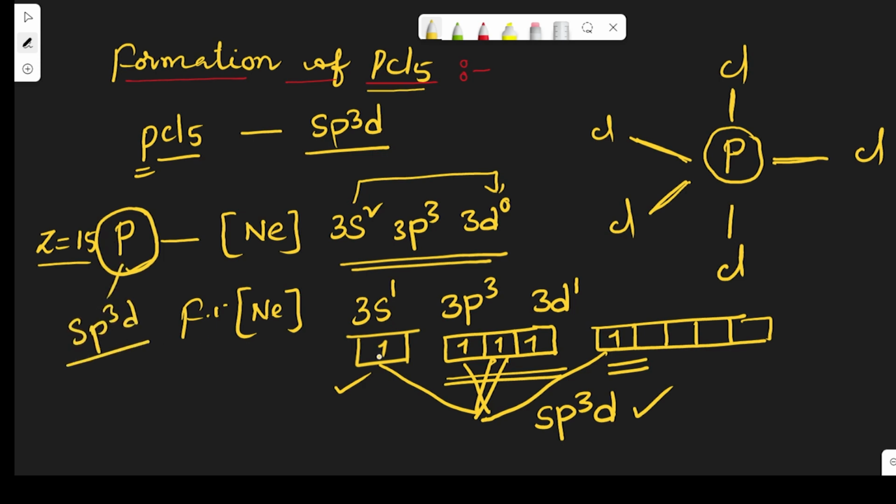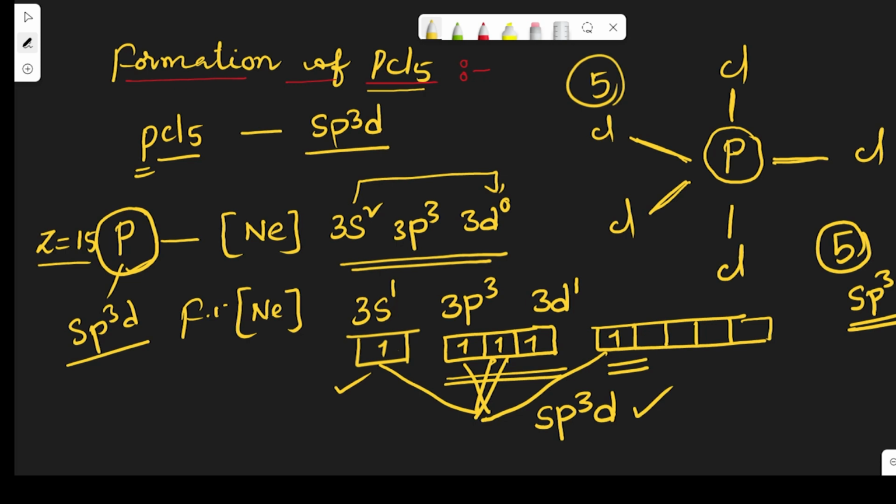A total of 5 new orbitals form, each having one electron, because there are 5 electrons in total. All these sp3d hybrid orbitals have equal shape and energy, each with a single electron.